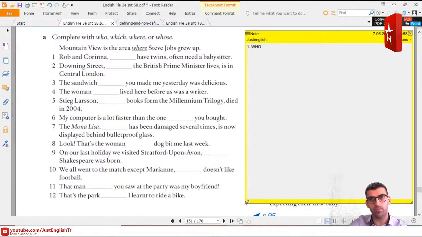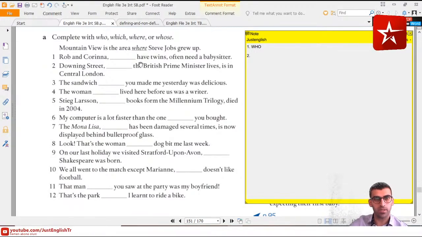We can't use whose because after whose we should use a noun. But here we have a verb. Number 1, whose have twins? No. Who have twins often need a babysitter. Yes, number 1, the correct answer is who.